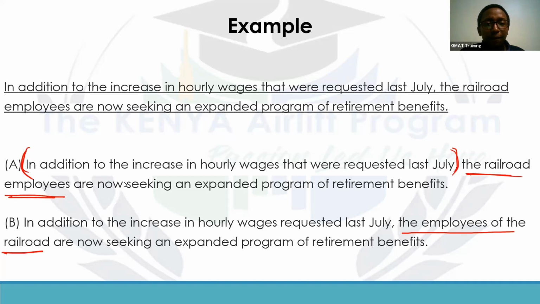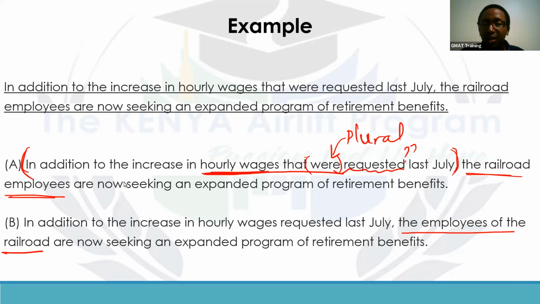But if you look here, "increase in hourly wages that were requested," you see that "were" is a plural form of that verb. And it doesn't seem wrong because of the noun that comes just before that verb. But if you read carefully, what was requested?